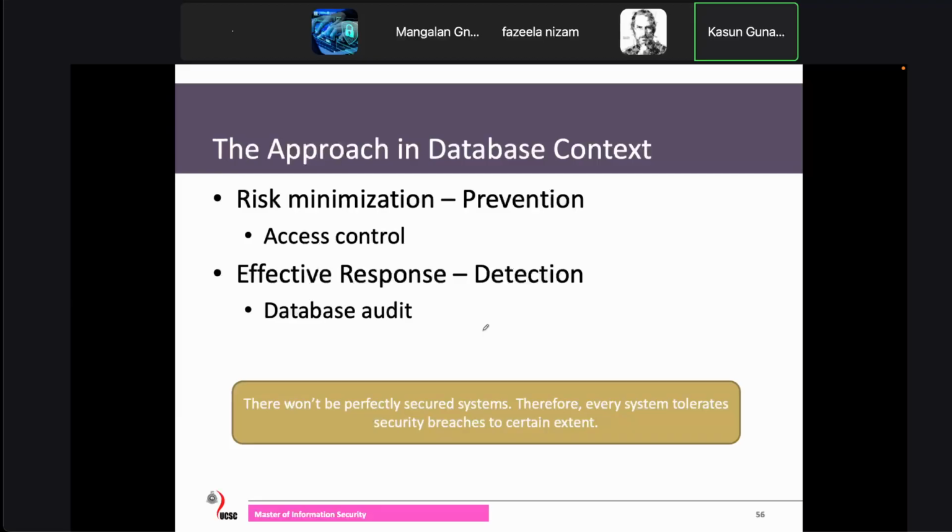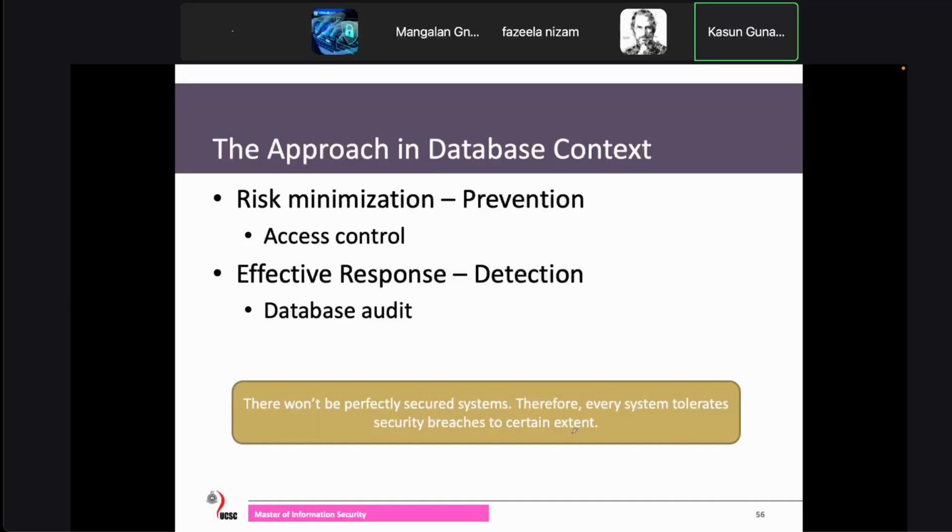So there won't be a perfectly secured system. There won't be 100% security, right? Therefore, every system tolerates security breaches to a certain extent. So we have to understand our level of tolerance. Higher degree of assurance on security would affect the system performance.